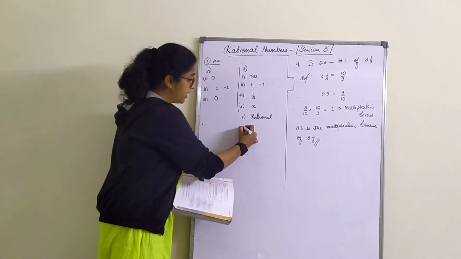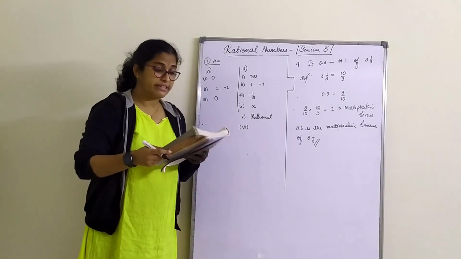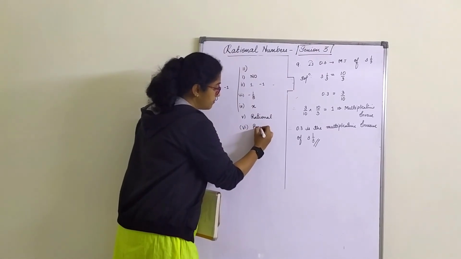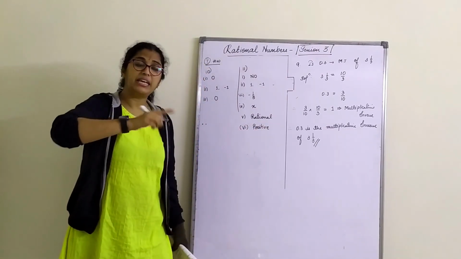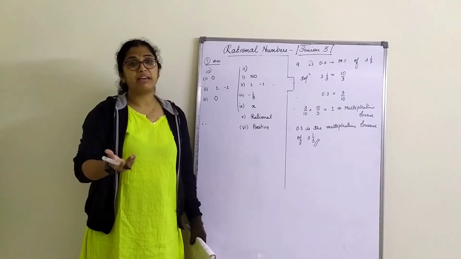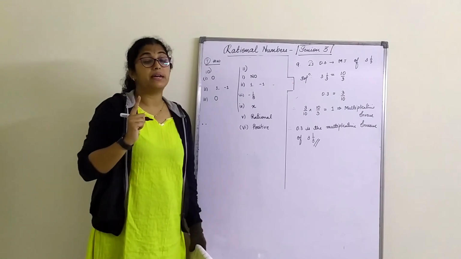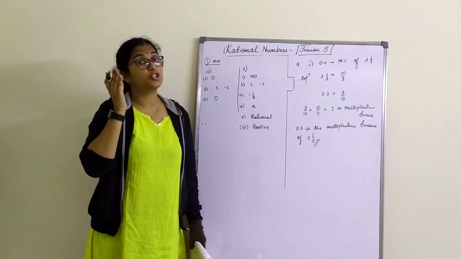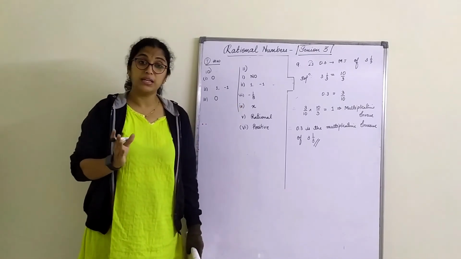And the last one: the reciprocal of a positive rational number is positive. The reciprocal of a negative rational number will be negative. Why? Because when we write the reciprocal, the product has to be 1 itself. That means if it is negative, reciprocal should also be negative. If it is positive, reciprocal should also be positive.